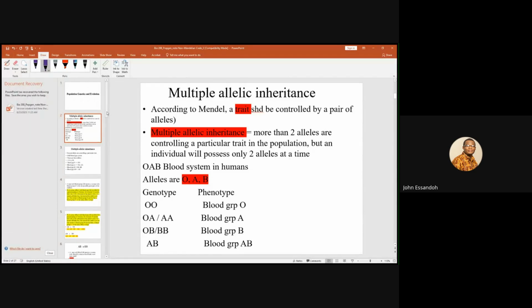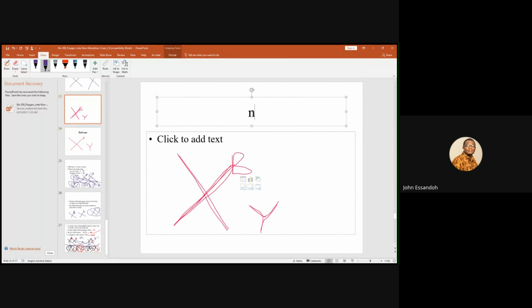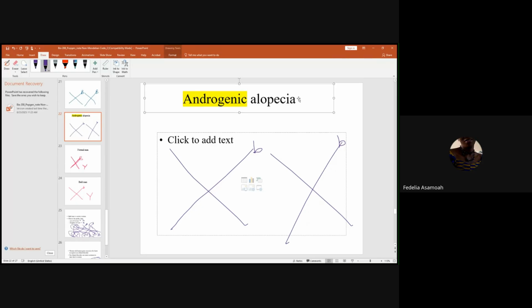Okay, so here I didn't say anything, so let me say this is a blood man. Okay, this is normal man. This one is a blood female, or blood woman, okay, female.